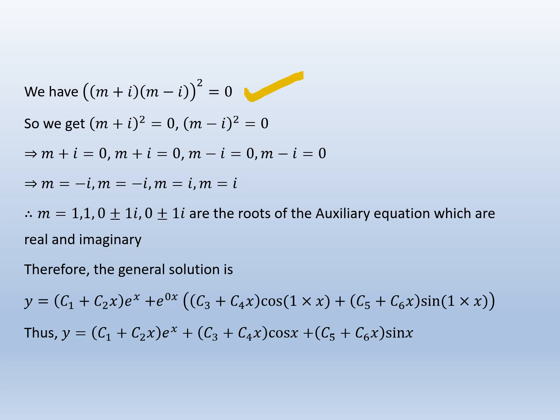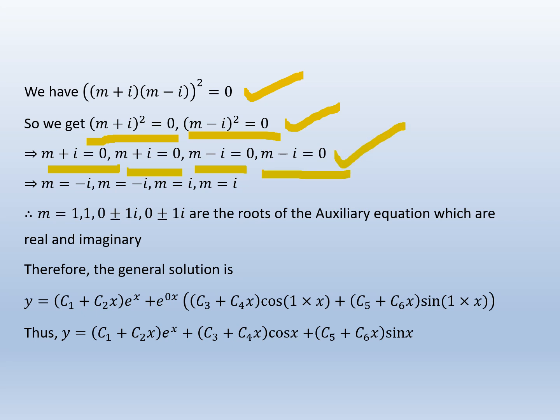So we get (m + i)^2 = 0 and (m - i)^2 = 0. From these two equations, we have m + i = 0, again m + i = 0, and m - i = 0, again m - i = 0.